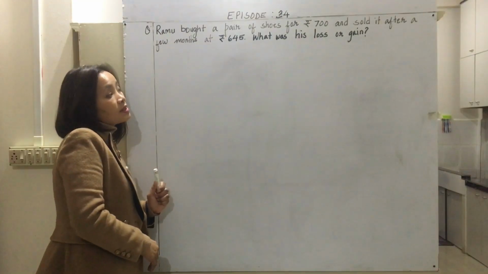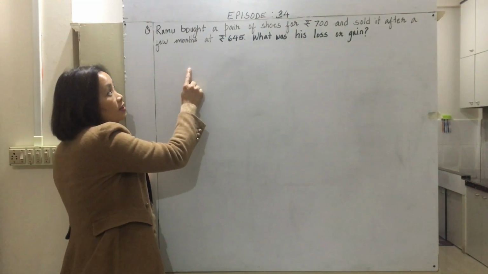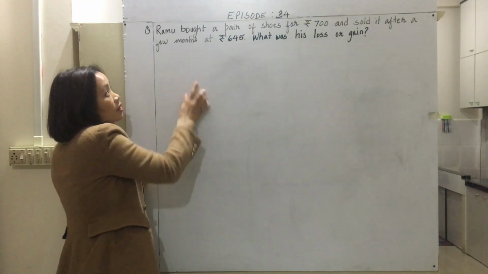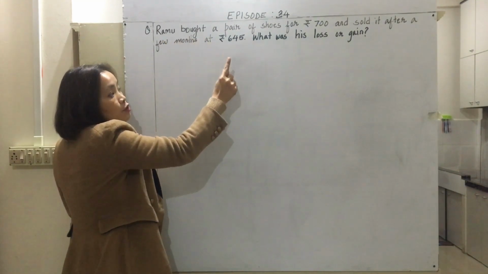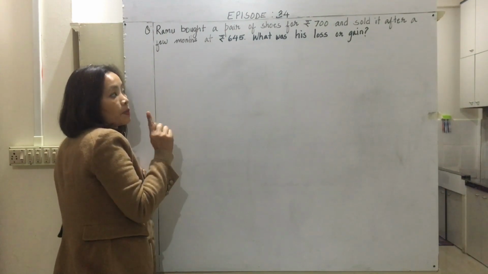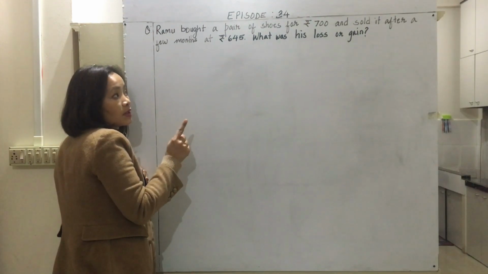Now let us look at this example, this question. I hope you can see the question clearly. Ramu bought a pair of shoes for rupees 700. He bought a pair of shoes for rupees 700. What would be 700? CP or SP?